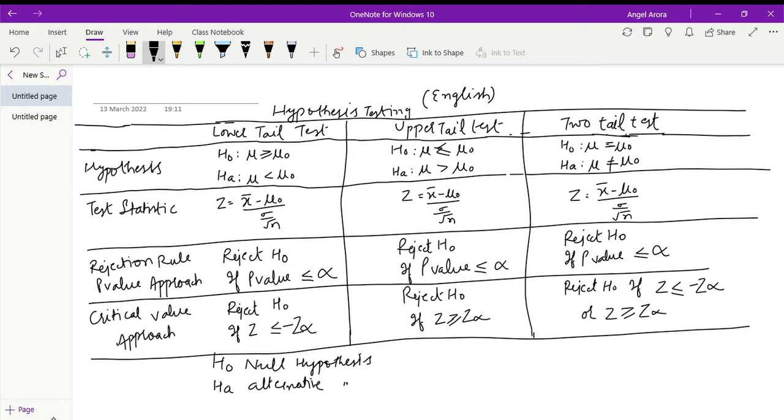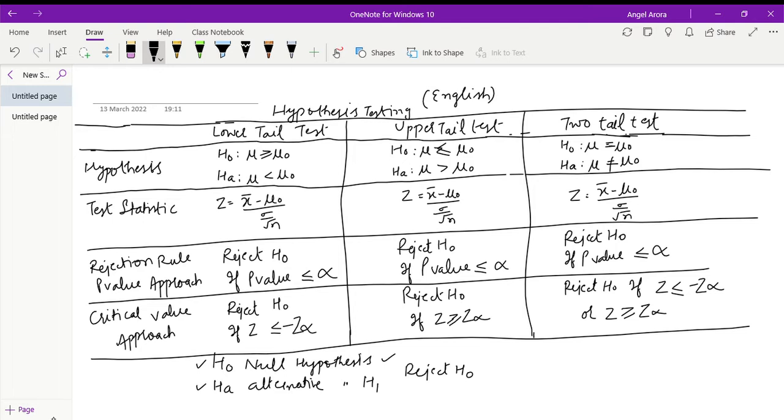So null hypothesis is denoted by H naught or H0, and alternative hypothesis is denoted by H sub A or HA or H1 sometimes. If the agency comes up with proof or evidence that this theory, the null hypothesis, is wrong, then in that case we will reject the null hypothesis.